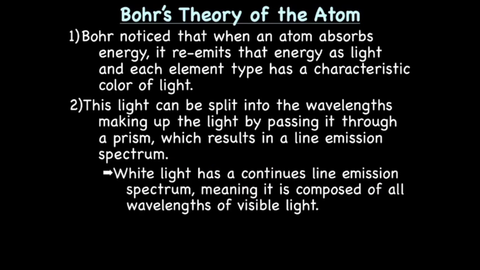What's really cool is that white light has a continuous spectrum, meaning that you're going to see every shade, every color of the rainbow, in a continuous shade with no separation.